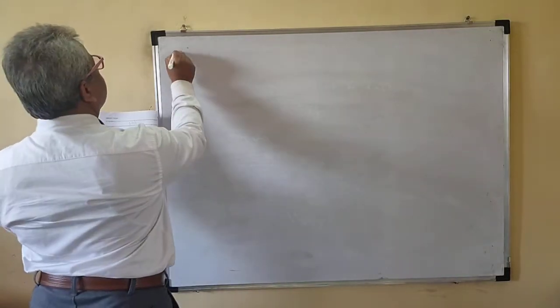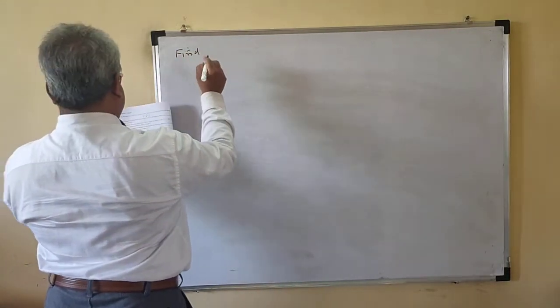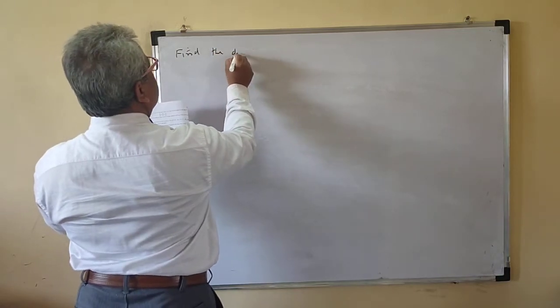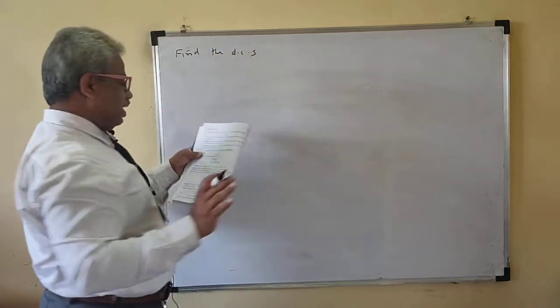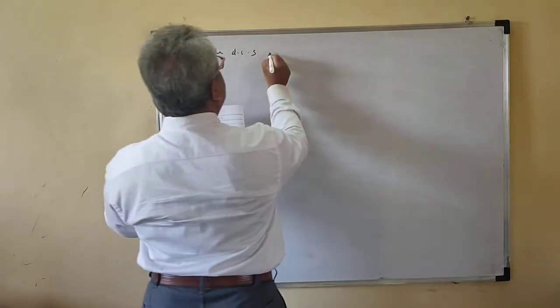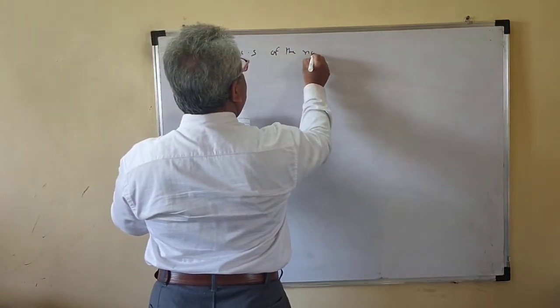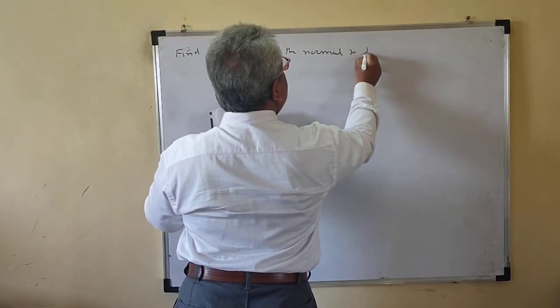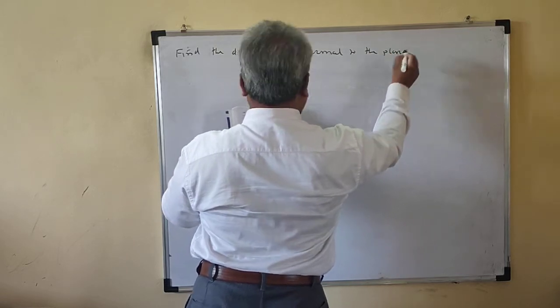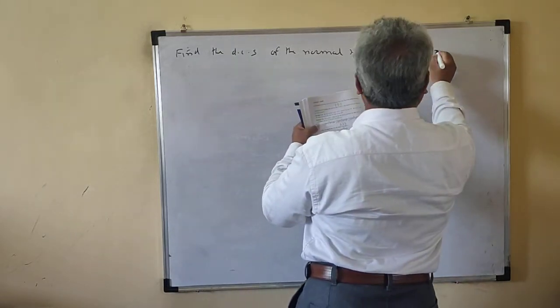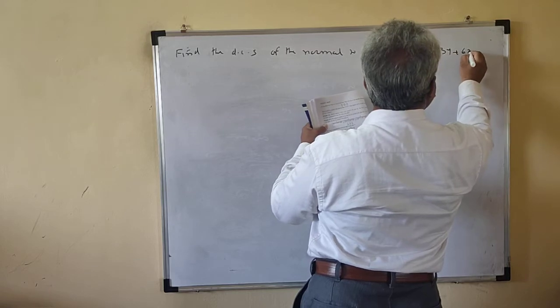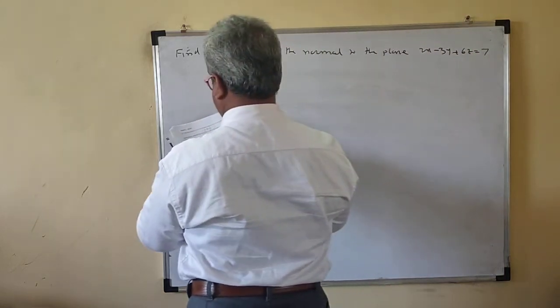Find the DCs, the direction cosines of the normal to the plane 2x minus 3y plus 6z is equal to 7.